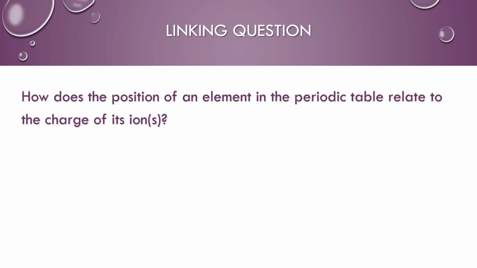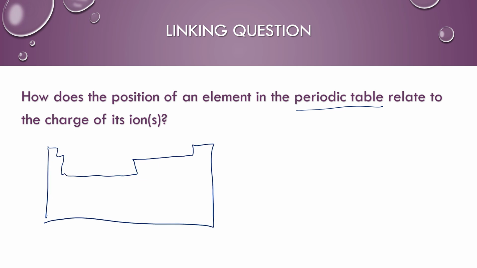So this section links to some of our periodic trends, and we did talk about the ionic charges. Oh, that is a weird looking periodic table. There we go, a little better. So the transition metals will have a variable charge, but otherwise it follows the pattern +1, +2, +3.